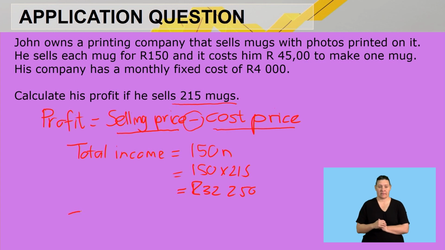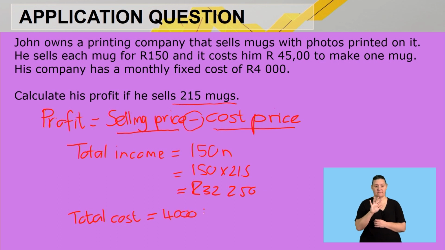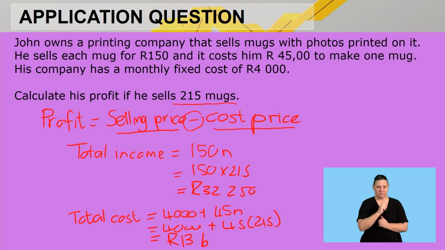My total cost is going to be 4,000 plus 45 N, and we're going to substitute 4,000 plus 45 times 215, and then my answer will be 13,675.